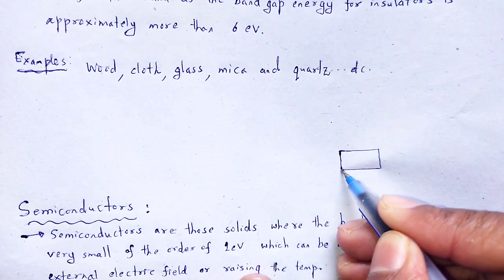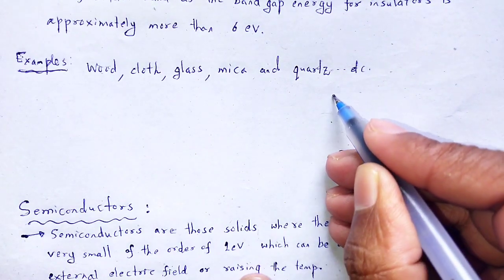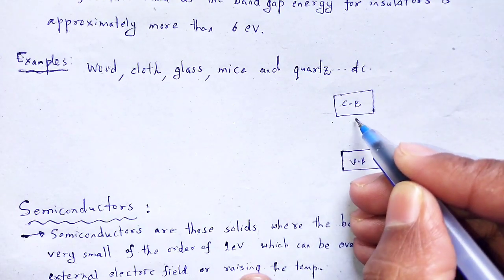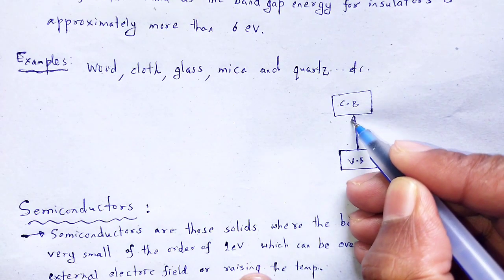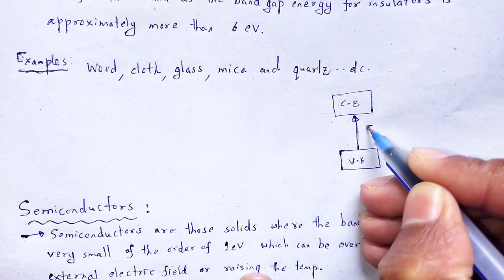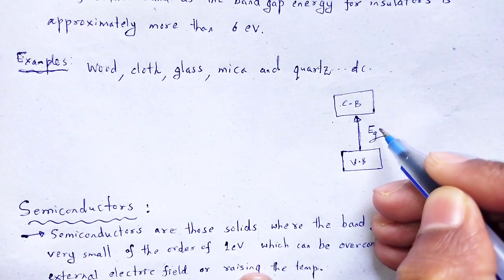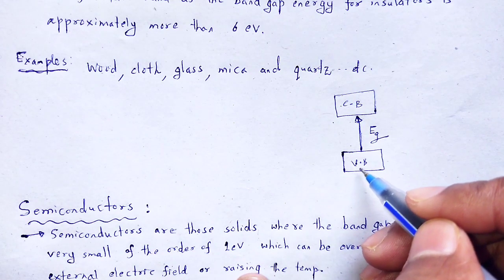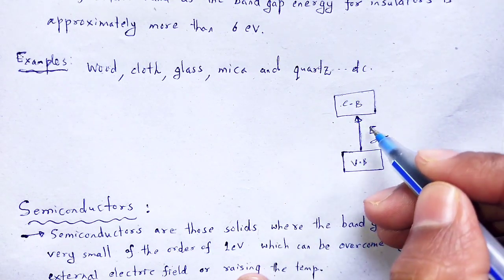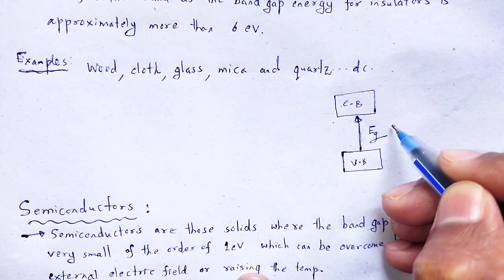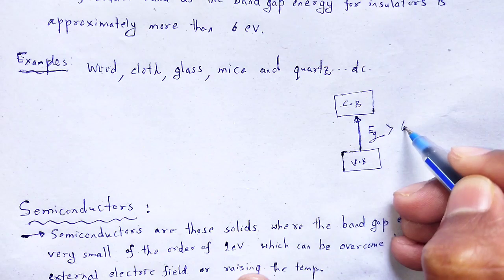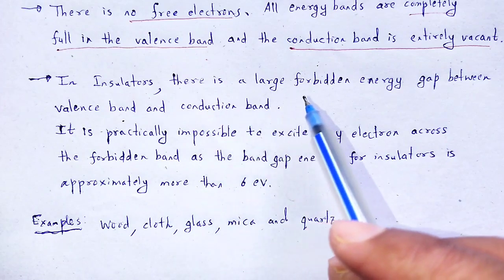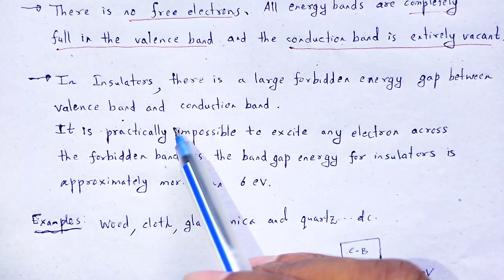For an insulator, that is the valency band, and that one is the conduction band, with the forbidden band gap in between. The energy required to transfer an electron from the valency band to the conduction band is the forbidden energy gap, Eg, which is much greater than 6 electron volt in case of insulators.